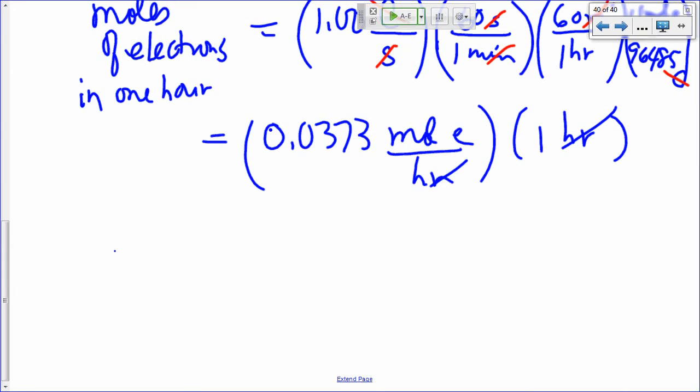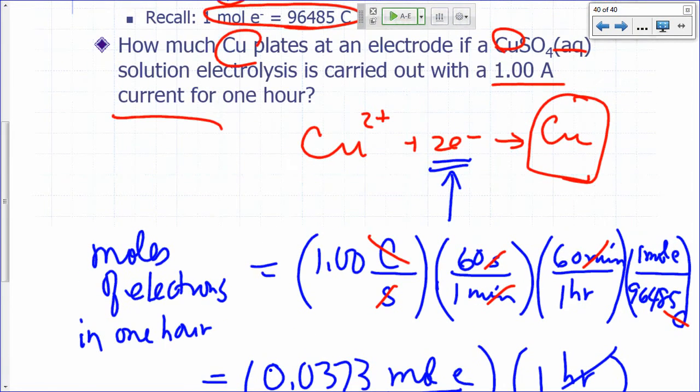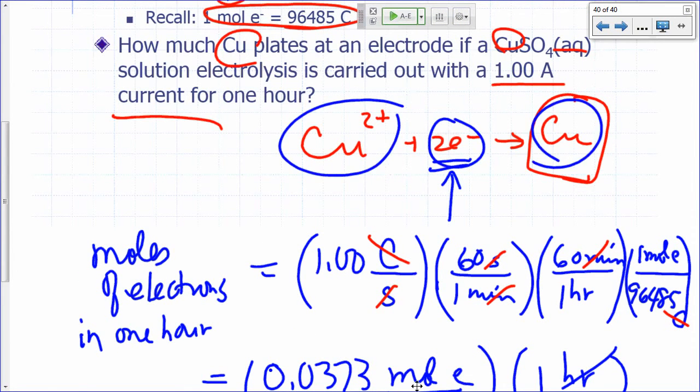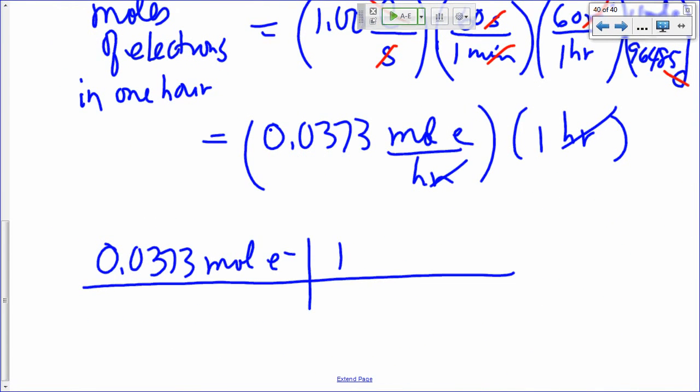So how do you calculate how much copper? 0.0373 moles of electrons. What's the relationship between moles of electrons and moles of copper? 2:1, right? 2 moles of electrons per mole of copper. So 1 mole of copper is made every time you use up 2 moles of electrons.